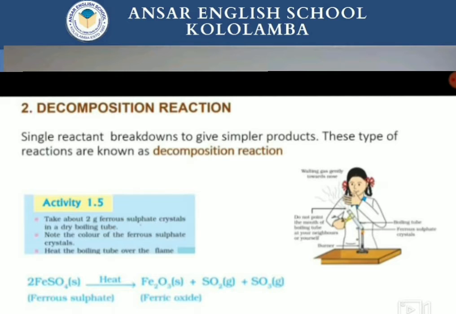Let's check with an example. In your textbook, activity 1.5, take about 2 gram of ferrous sulfate crystals in a dry boiling tube. The ferrous sulfate crystal is light green in color.